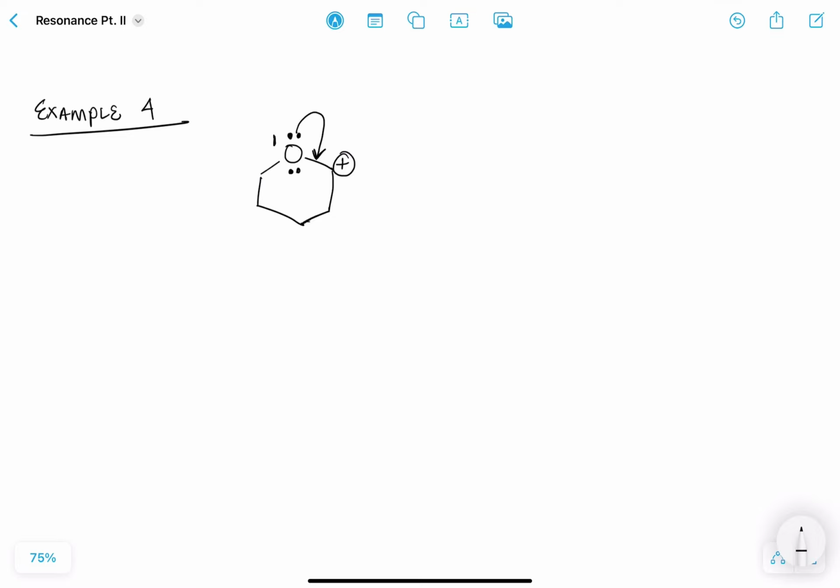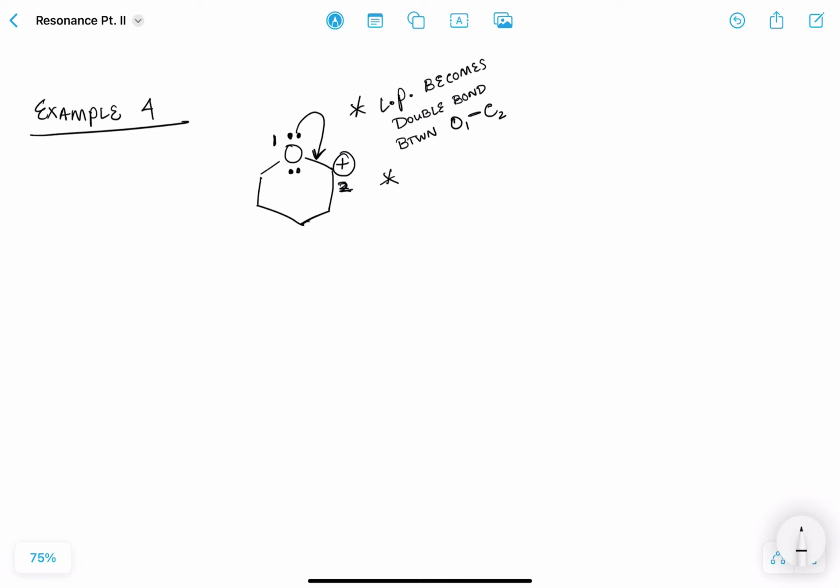So if I give the oxygen designation of 1 and the carbon with the positive charge designation of 2, the lone pair becomes a double bond between oxygen 1 and carbon 2.